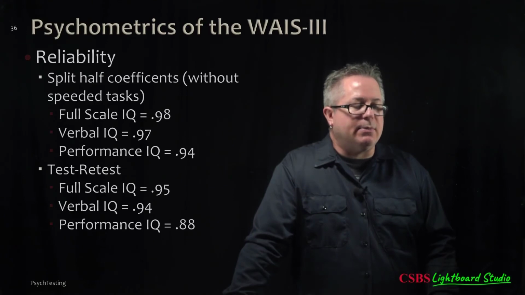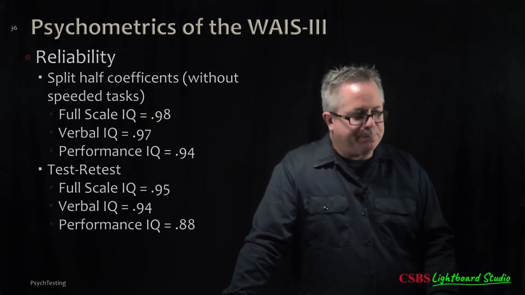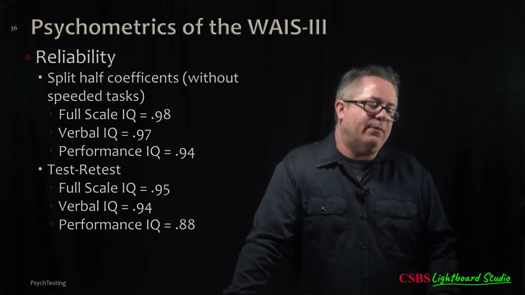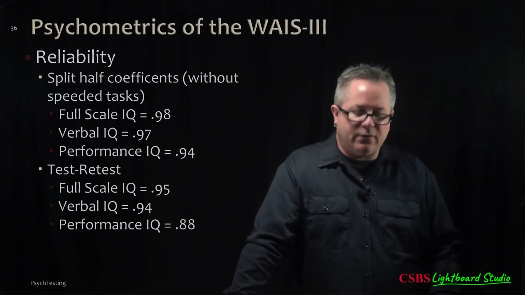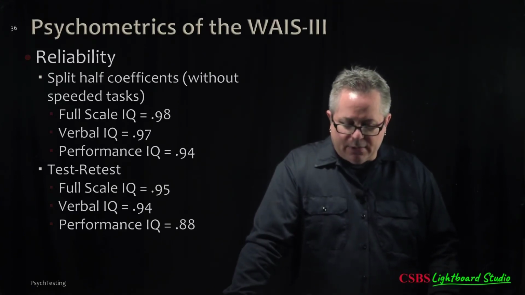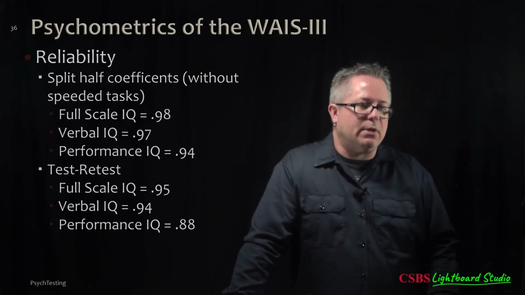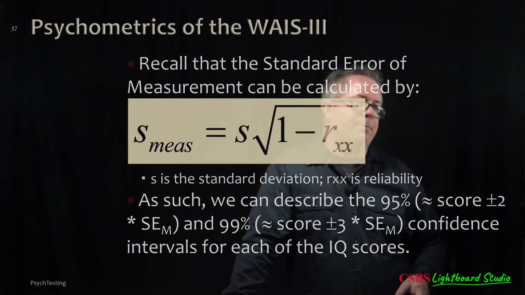So it seems like maybe it's higher. Verbal IQ is high. Performance IQ is a little bit lower, but still within an acceptable range. I wonder if that's because of variability in things like speed, since sometimes people might be able to do things faster or slower. That's going to affect the reliability because the scoring is based on the speed.